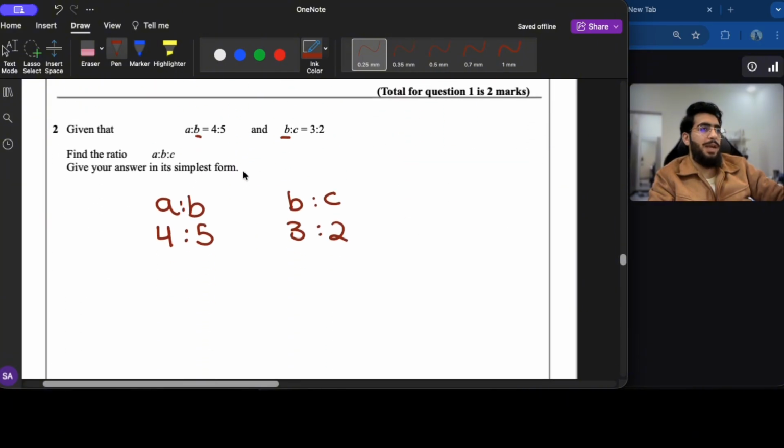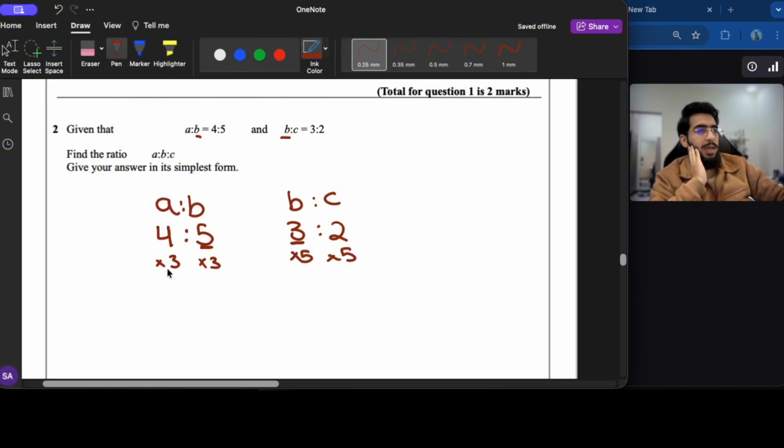Here I can see that I cannot do that. I can multiply 3 to make it a 4, to make it a 5, and I cannot multiply anything with 5 to make it a 3. So here we just multiply 3 ratio 2 by 5, and then we multiply 4 ratio 5 by 3.